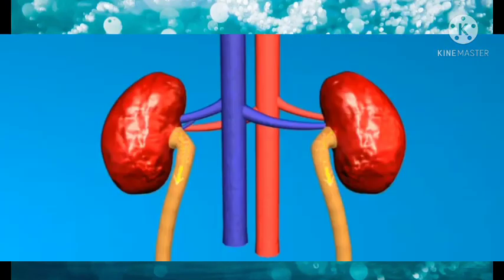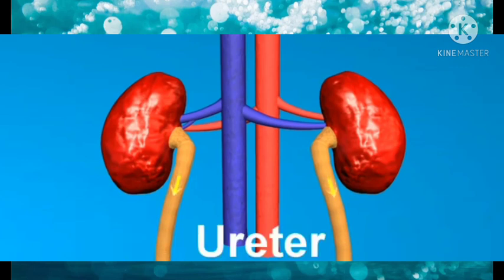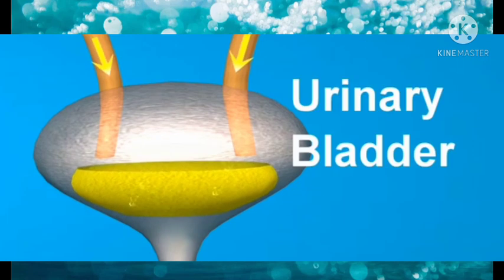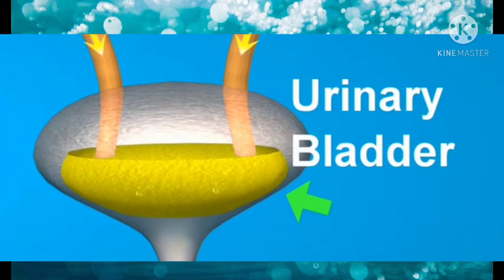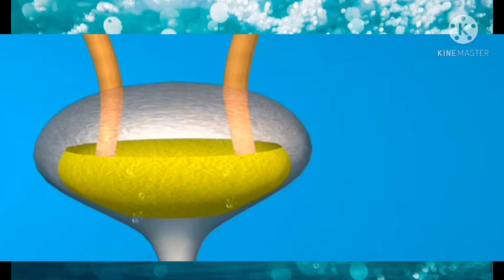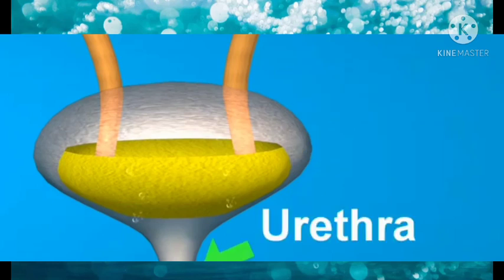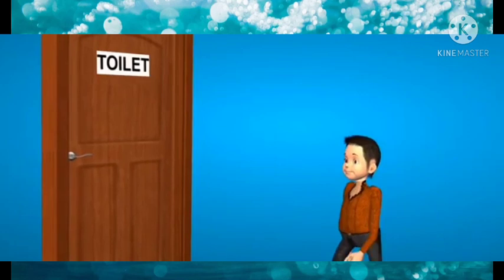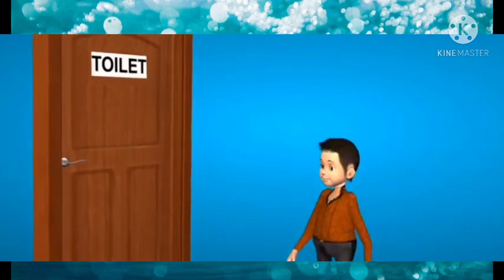From the kidneys, the urine goes into 2 tubes, the ureters, and then it gets stored in the urinary bladder for a short time. It is passed out through the urinary opening at the end of a muscular tube called the urethra. This process of eliminating harmful substances from the body of a living organism is called excretion.